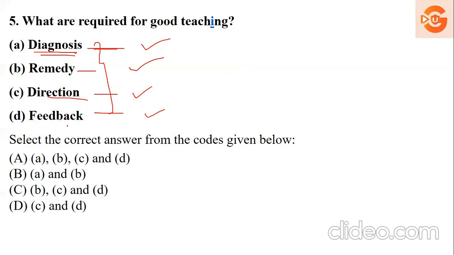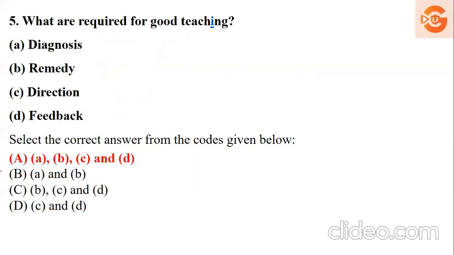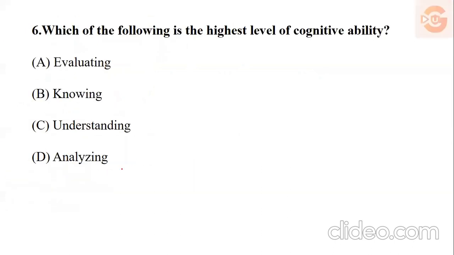So without feedback, बच्चों को नहीं समझ में आएगा where exactly they are wrong, or whether they are doing it correctly or not. So if you see, A, B, C, D, all are required for good teaching. So A, B, C, D, you have an option over here, but in the rest of the options, no, it's not there. So your answer for this question is option number A.